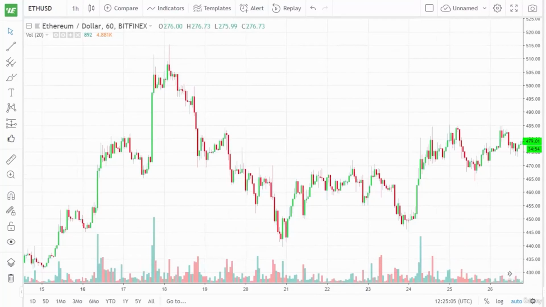Now, the other pattern in this video is the pennant, and the pennant is basically the same thing as a flag. But if you remember from the last video, we had a rally or a drop in a bearish flag, and then a pullback that had parallel lines that held price in, and then a continuation in whichever direction.